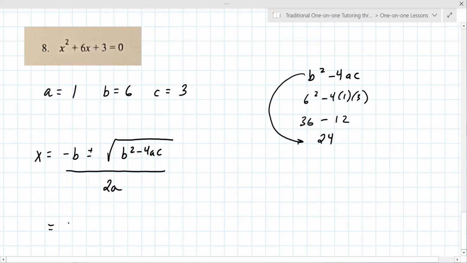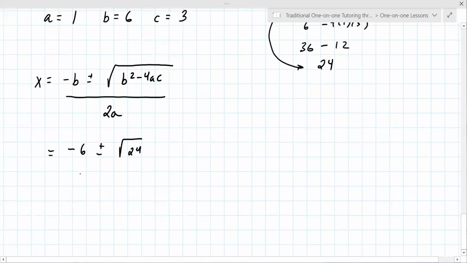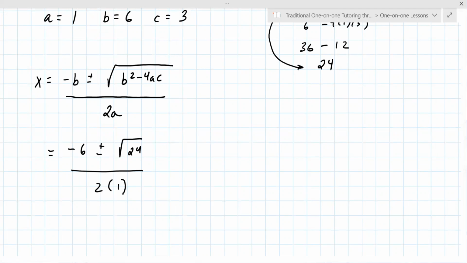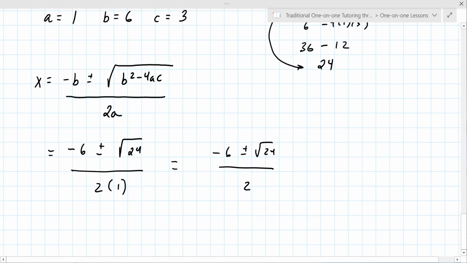B is 6, so it's -6 plus or minus the square root of 24 all over 2 times 1. So this simplifies to -6 plus or minus the square root of 24 all over 2.